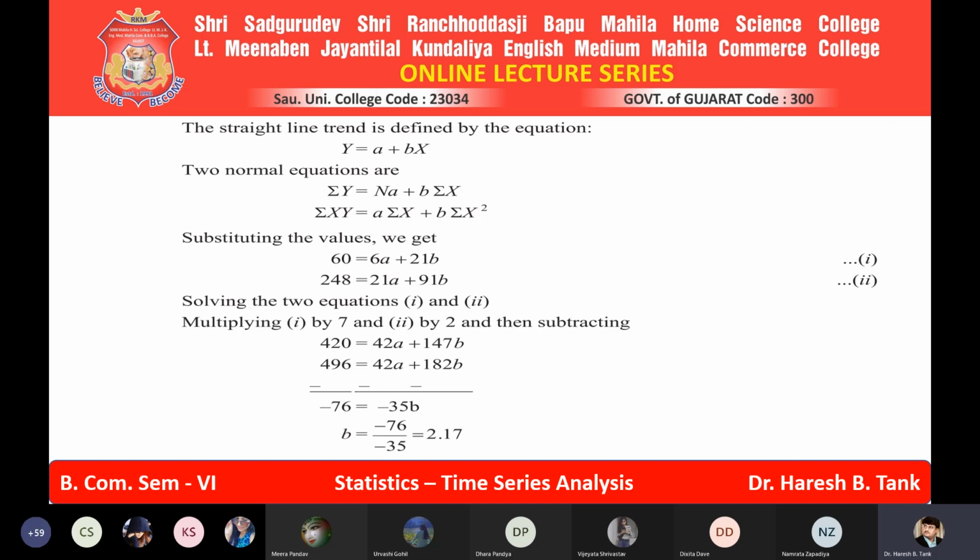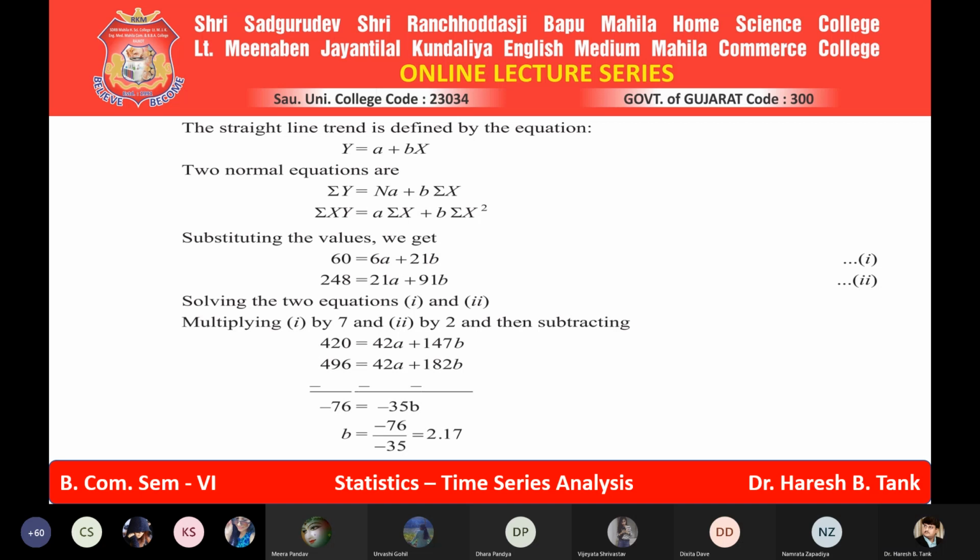Now, to eliminate one of the variables, naturally, the coefficient of the variable should be the same. Coefficient of variable means whatever number is before the variable. In the first equation, the variable is a and coefficient is 6. In the second equation, variable is a and coefficient is 21.